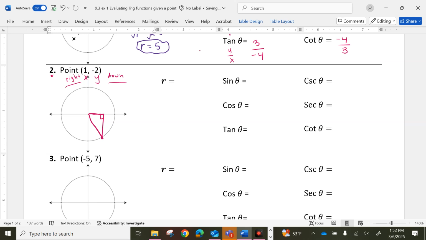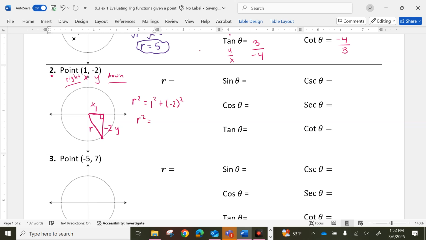The height here, we'll go with the y first, is down 2, so that is negative 2. And then the horizontal distance is positive 1. And so now we need to go ahead and find our r. Doing it the same way as before, I have r squared is equal to 1 squared plus negative 2 squared.